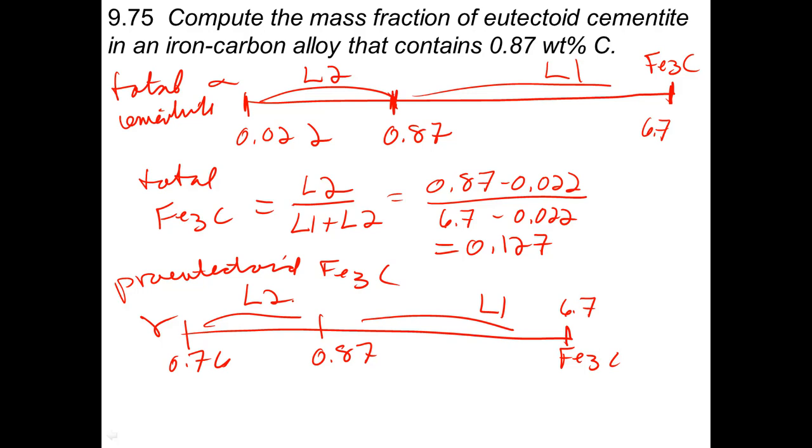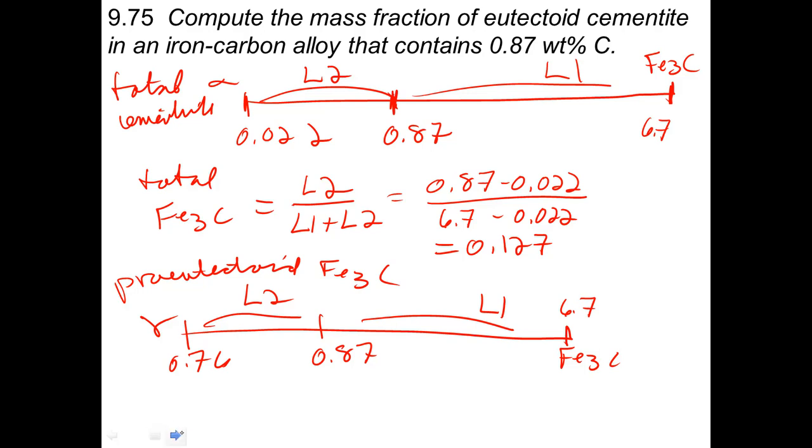So we're going to use the tie line that I just drew, bounded on the right by cementite 6.7, on the left by austenite at 0.76, defining our system composition of 0.87, and the lengths L1 and L2.